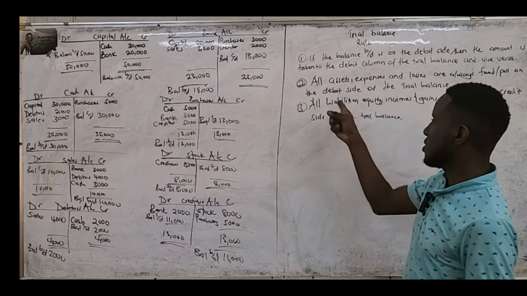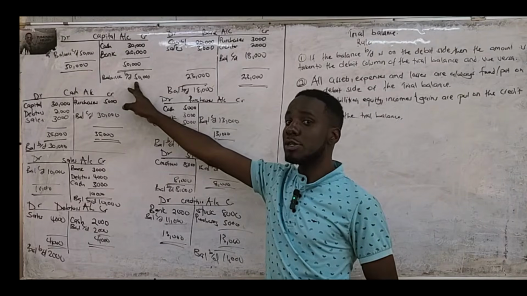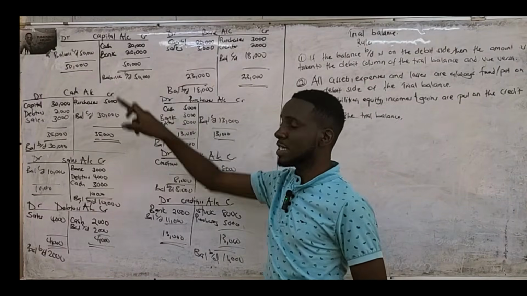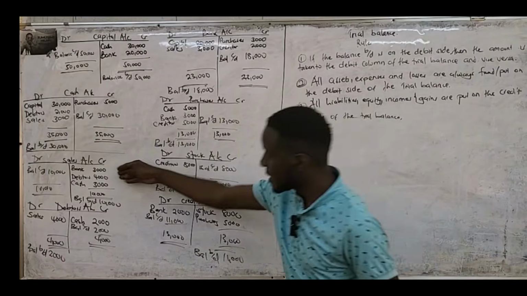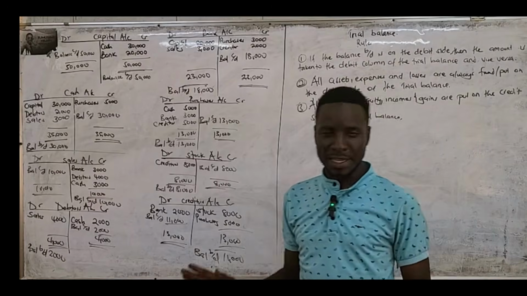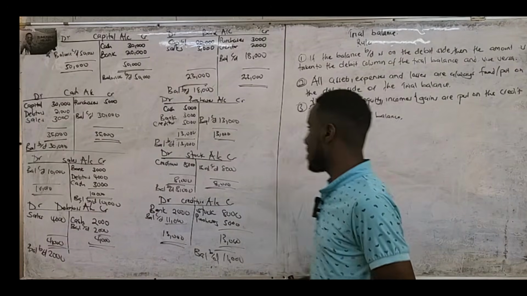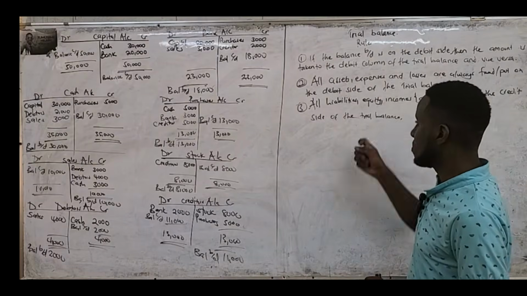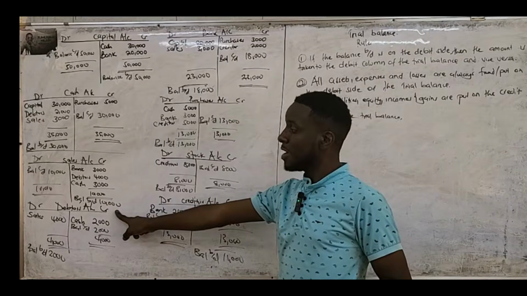Capital is an element of equity. Capital balance brought down on the credit side. So it means when you go to the trial balance, you're supposed to place it on the credit side as well. Now, sales we all believe it's an income. Remember, you're getting money. So sales being an income, remember I said all incomes and gains should be put on the credit side. You see what the balance brought down of sales is? Credit side.